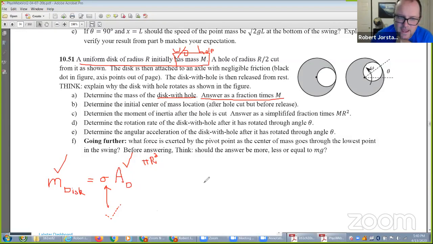Then once you have that, the mass after the hole should be the same density, because it's made of the same material, times the total area, or area of the disk minus the area of the hole.